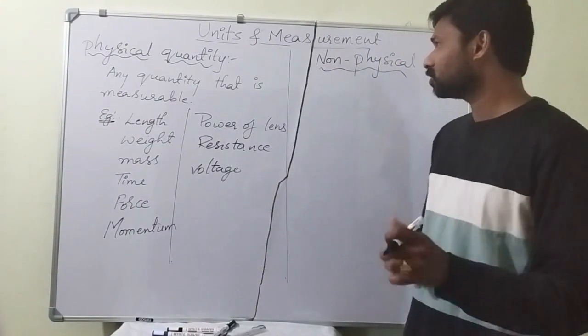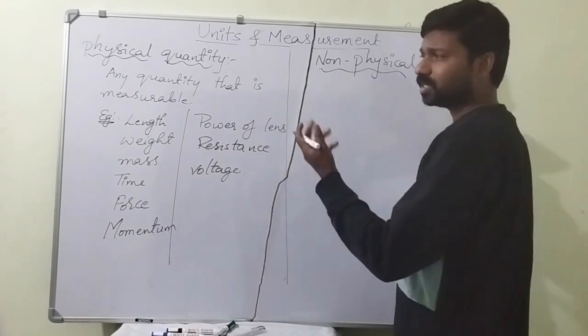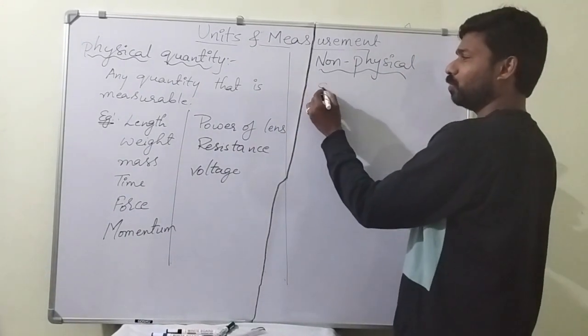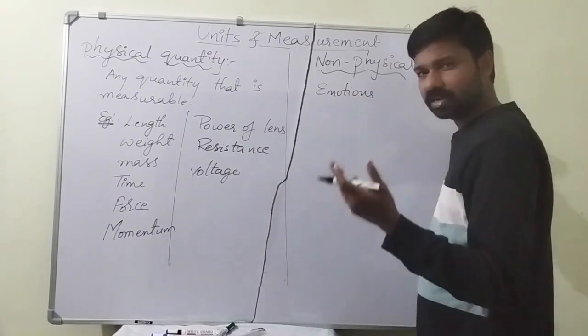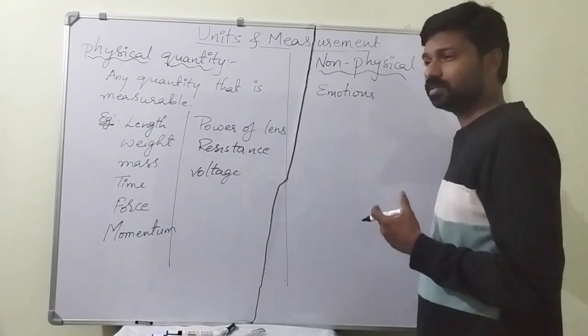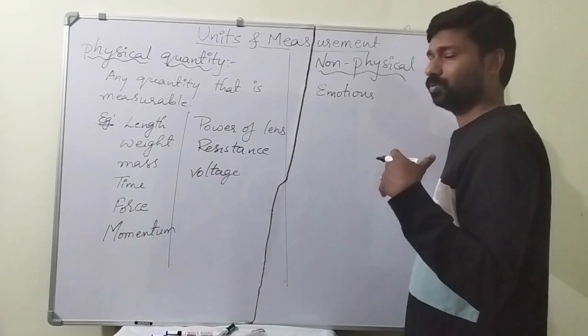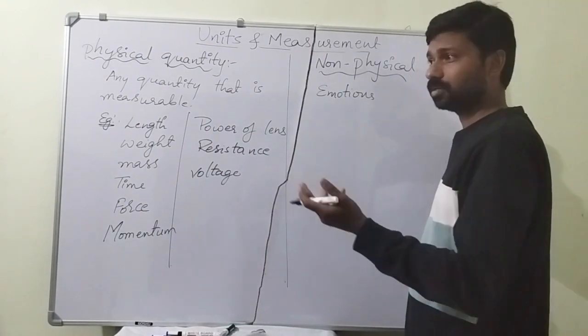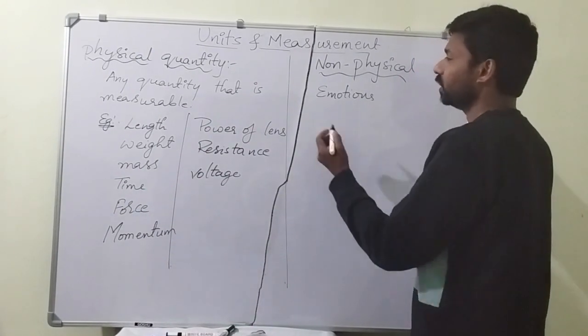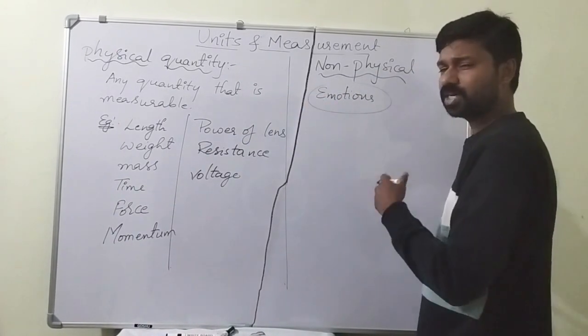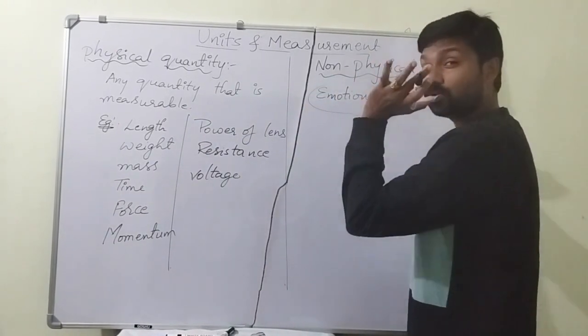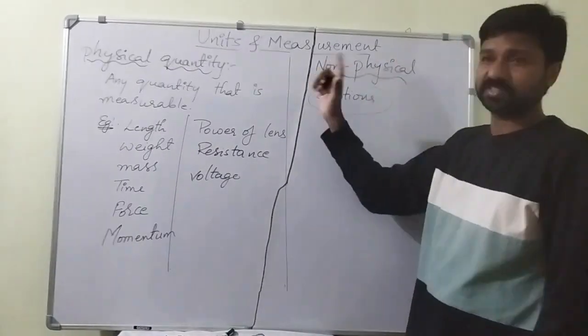No. So basically, the quantities which are not measurable are human emotions, whether it is anger or happiness, or how much you love your parents. Such kinds of emotions we call non-physical quantities. We cannot measure them, and this is not part of our discussion right now in this physics.